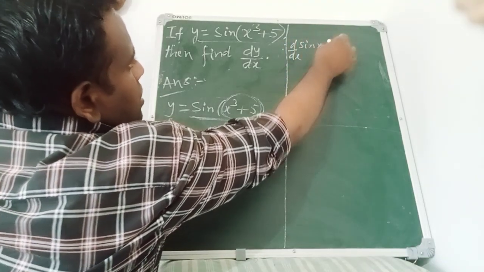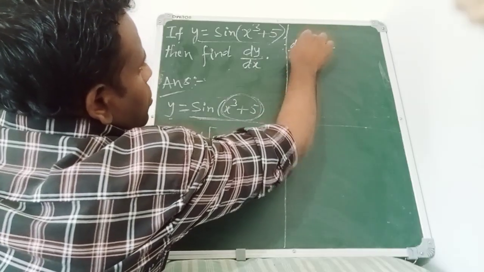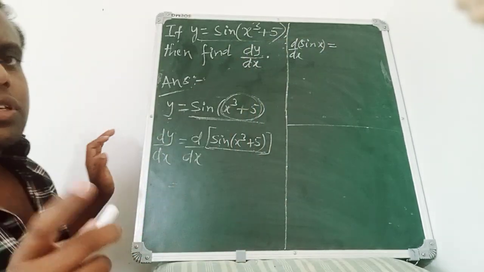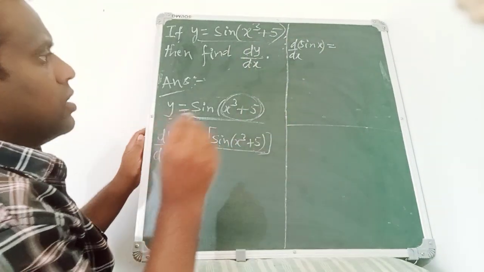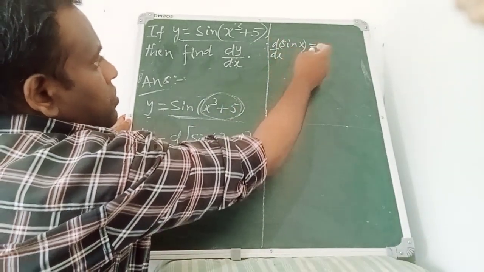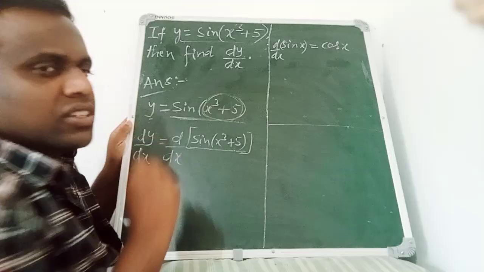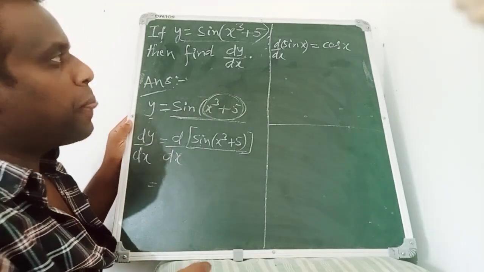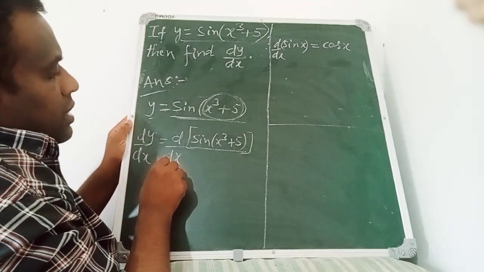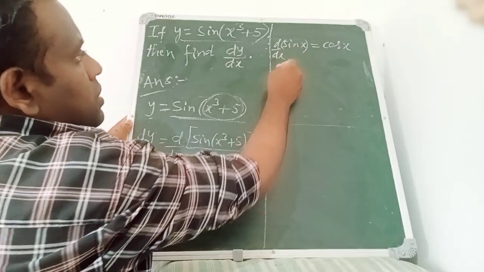See, this is the formula you have to remember: d by dx of sin x is cos x.